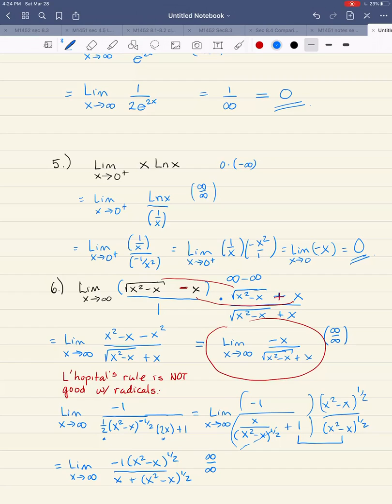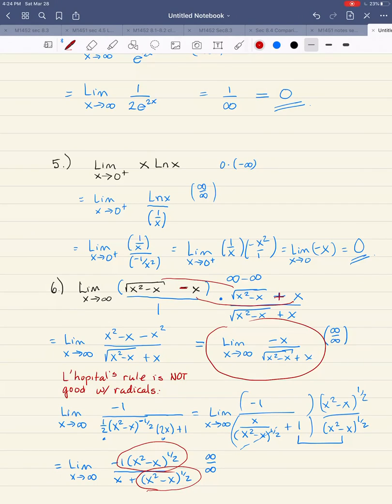So by gosh, we're at infinity over infinity. And guess what happens if we try L'Hopital's rule again? When we take the derivative of this expression here, it's going to have a negative 1/2 power, which puts it in the denominator. When I take the derivative of this thing here, it's going to have a negative power, which will eventually put that back in the numerator. So I'm going to keep flip-flopping this expression.